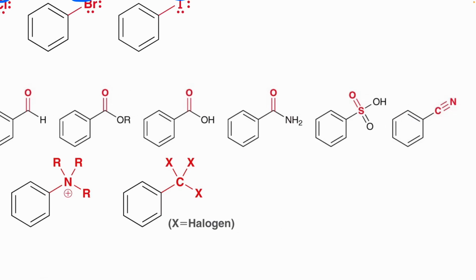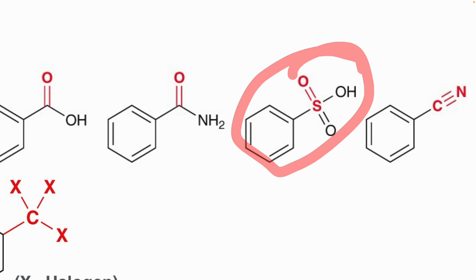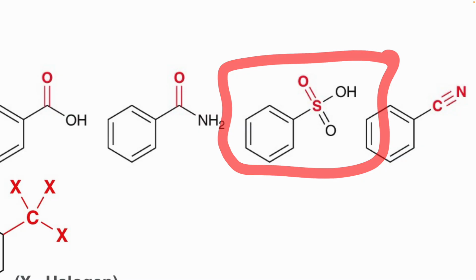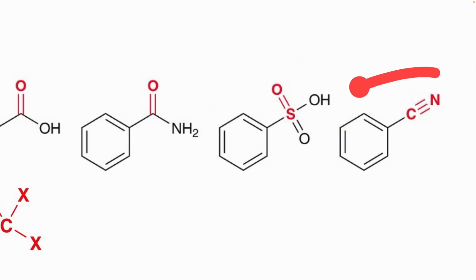All right, there are two oddballs on the end here, okay? Our sulfonic acid group, and this is a really important one to commit to memory because we know how to add that sulfonic acid group to a ring using that fuming sulfuric acid, all right? So this one here is also a moderate as well as a nitrile group.